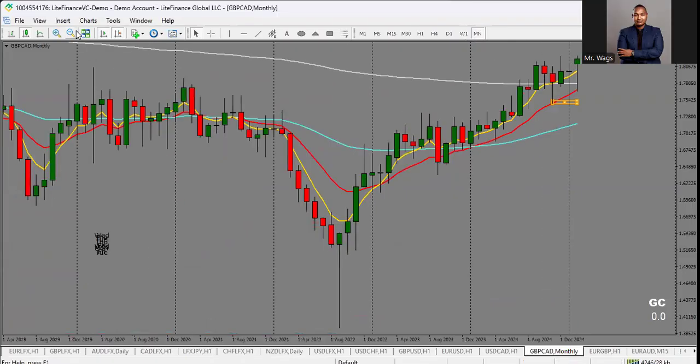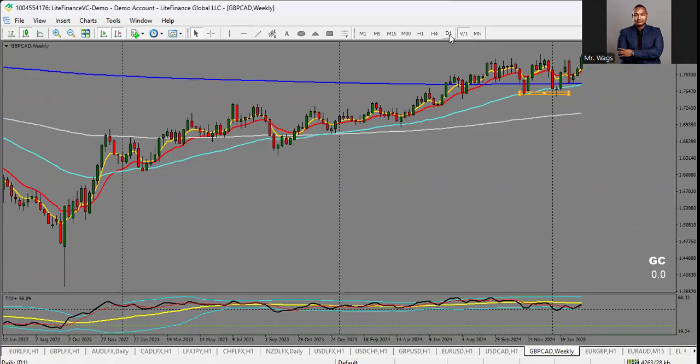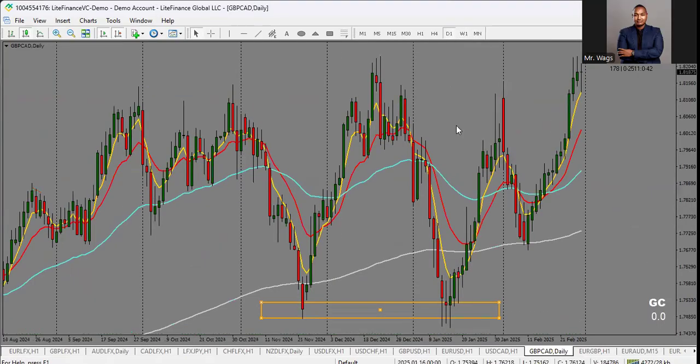So it's a hammer candle, and you can see this is like a consolidation here, so we can expect price to continue going up. If you look at this retracement, it came back and bounced on the 200 EMA. So the 200 EMA there has proven to be a strong support, and price is now going up.